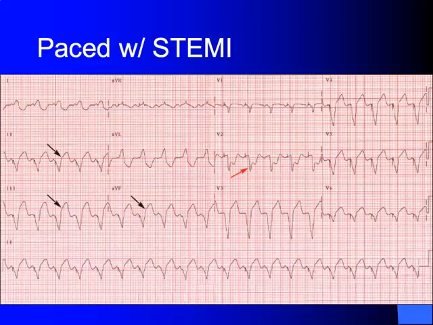That's 3 points, and then we have concordant ST elevation in our inferior leads, which is 5 points. And it looks like we have the full ringer here in V3. It looks like our ST elevation is greater than 5 millimeters, so this would be a full-on 10-point Sgarbossa criteria, which is indicative of STEMI.